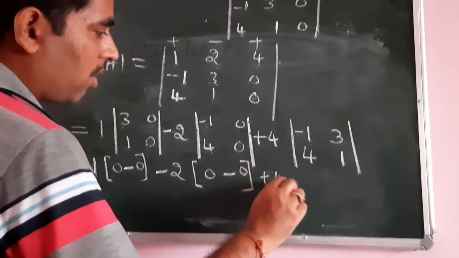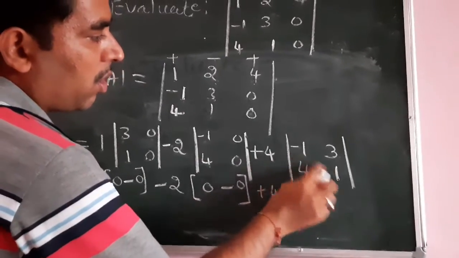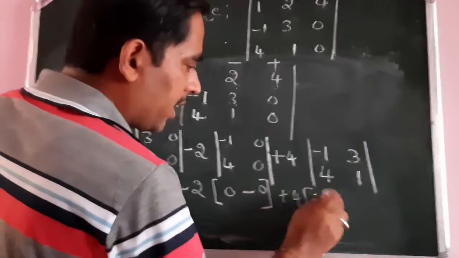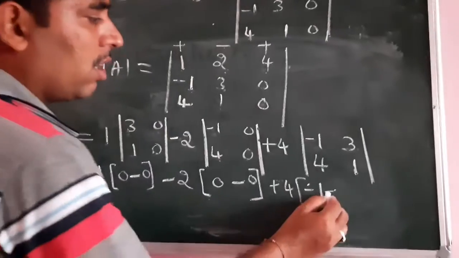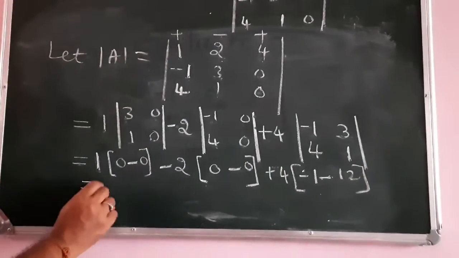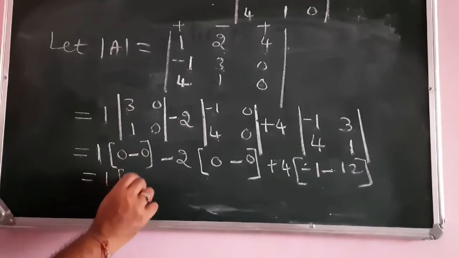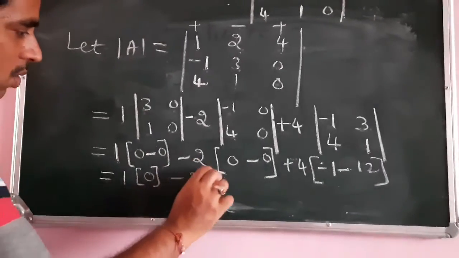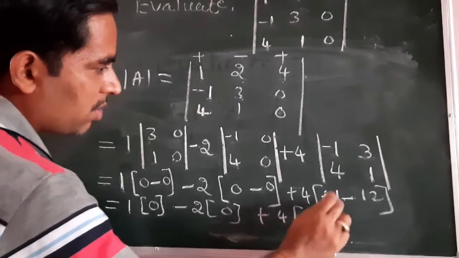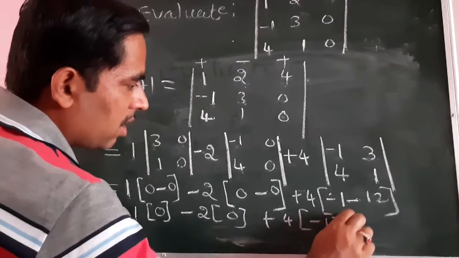Plus 4 into, consider the product of minus 1 into 1, that is minus 1. After writing the product, we write the negative sign for the other product, minus 4 into 3, that is 12. So 1 into 0 minus 0 is 0. Minus 2 into 0 minus 0 is 0. Plus 4 into minus 1 minus 12, that is minus 13.